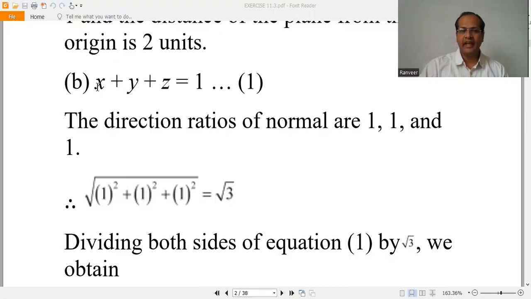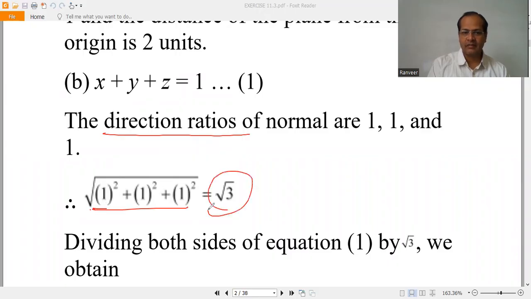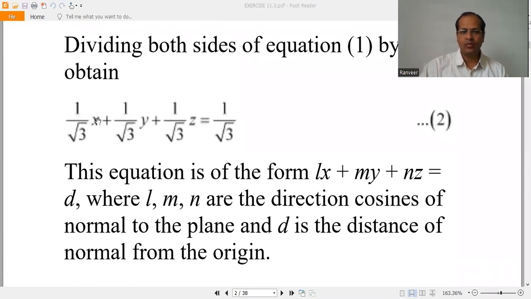Question B, x plus y plus z equal to 1. First of all, from the direction ratio, we have to take the square root of a square plus b square plus c square. This is coming √3, and we divide the given plane by it. So after dividing, we are getting 1 by √3 x, 1 by √3 y and 1 by √3 z equal to 1 by √3.